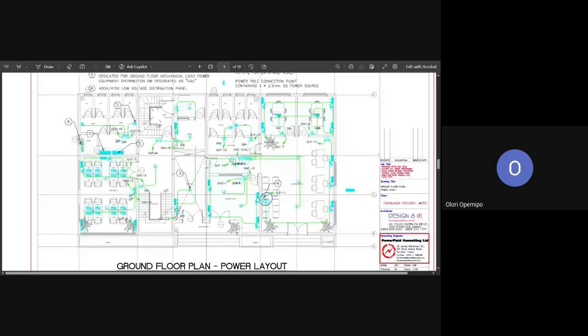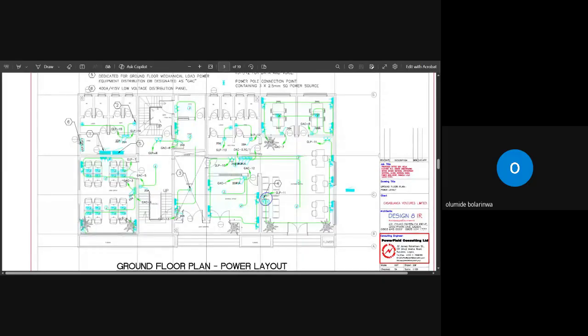Can we open to page 2, please? Is it the sheet note, sir? Yeah, I sent a drawing yesterday.